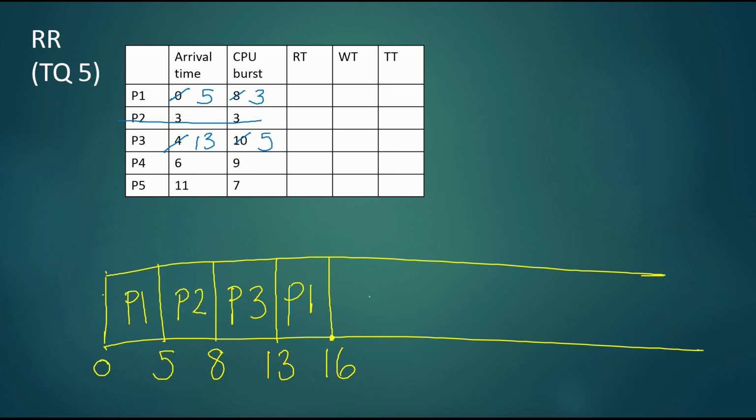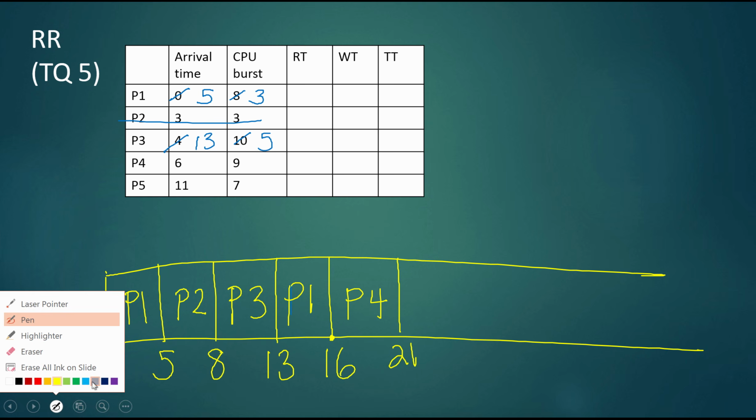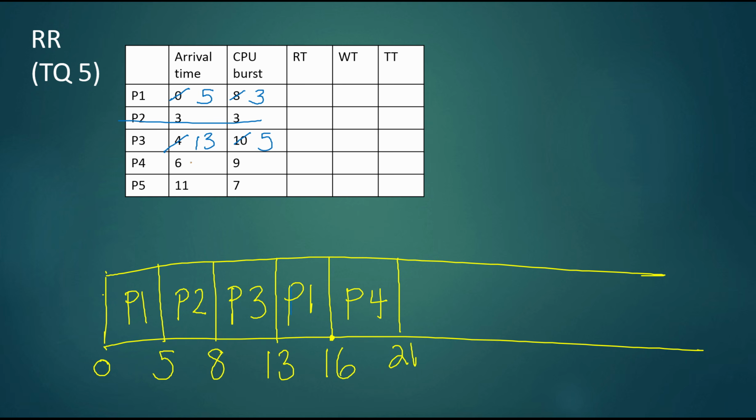Okay, now the current time is 16, and in the ready queue we have P3, P4, and P5. P4 got there at time 6, so P4 is going to go next until time 21, and then P4 will have a new arrival time of 21, and 4 time units of CPU burst left.